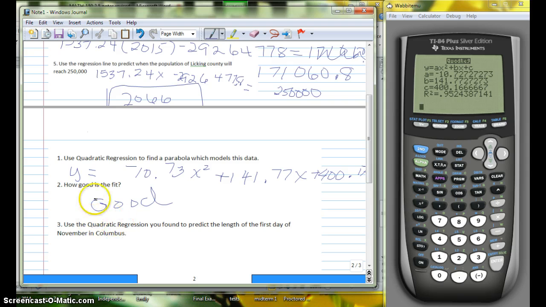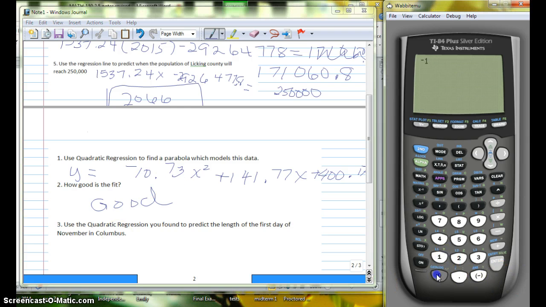Okay, and then the last part asks us to use the quadratic regression to predict the length of the first day of November. November is month 11, so we would put 11 in for x. We would have negative 10.73 times 11 squared, plus 141.77 times 11, plus 400.17.